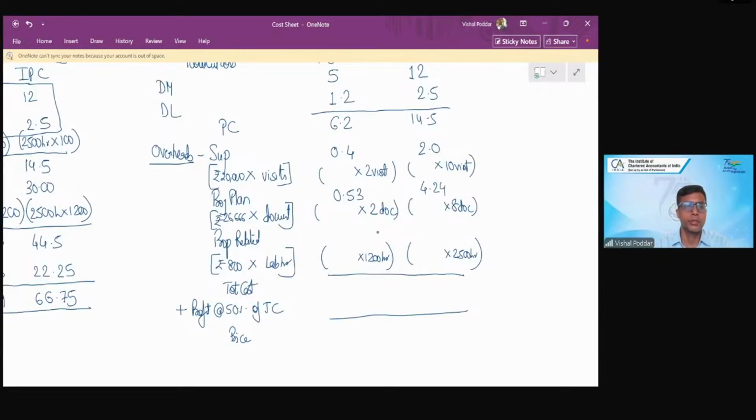Roughly this, correct? 2.13. Okay. Then 800 into 1200. 12 eights are 96.